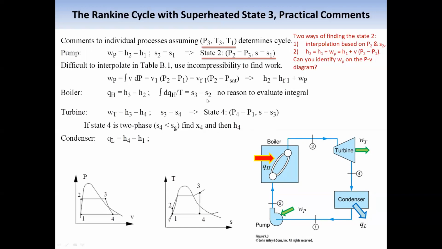Entropy equation: S3 minus S2 equal to the integral of dq over T. Because the final temperature has to be given for superheated state 3, state 3 can be fully specified, in the sense that the temperature is given and the pressure is the same as state 2. And the analysis of the turbine will be the same.